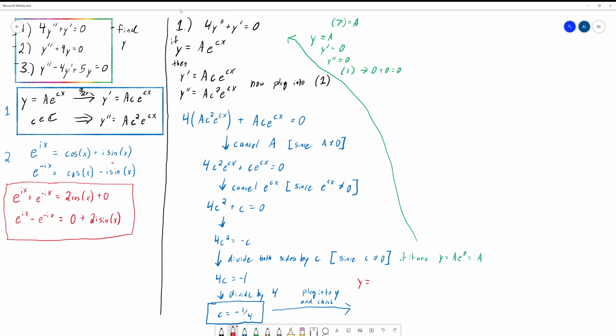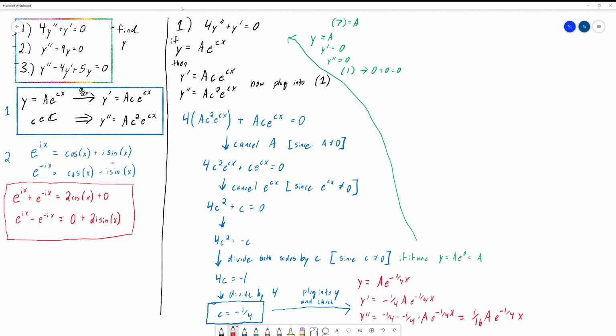We're going to get y equals ae to the minus quarter x, and the derivative of this is going to be minus 1/4 ae to the minus 1/4 x. And the second derivative is going to be minus a fourth times minus a fourth times ae to the minus 1/4 x. And minus 1/4 times minus 1/4 is going to be 1/16. And the rest is unchanged.